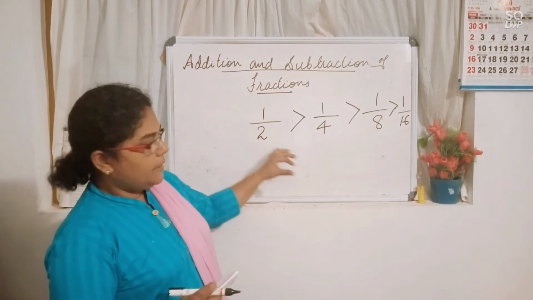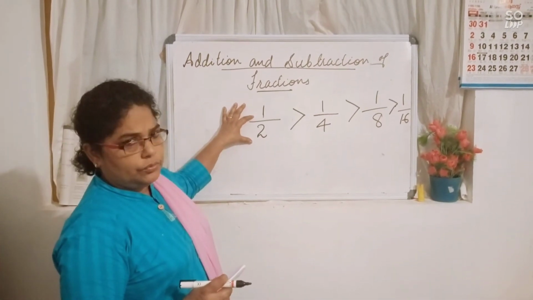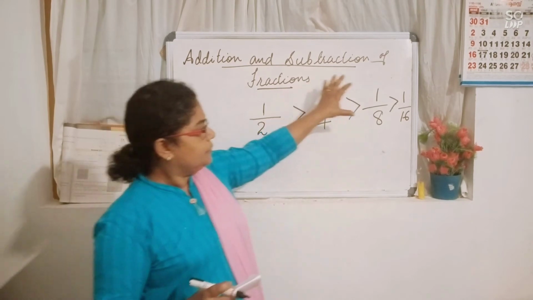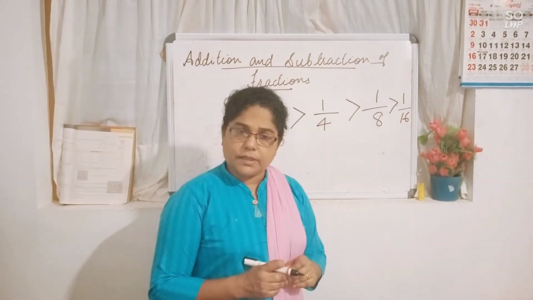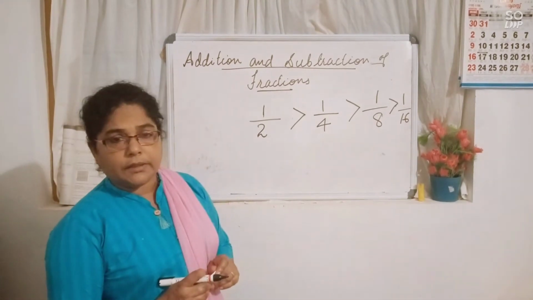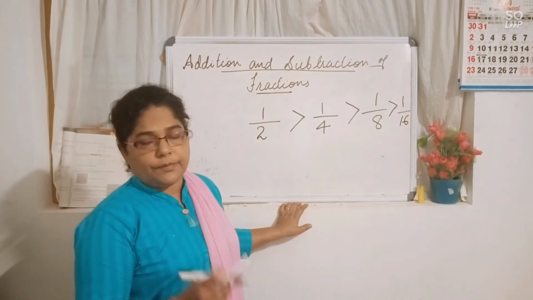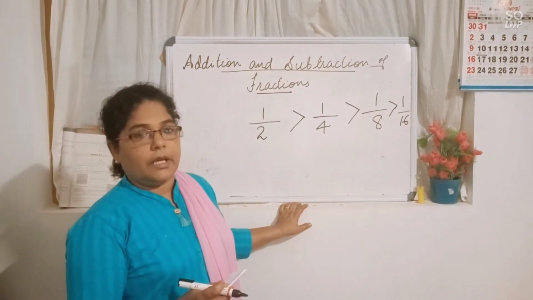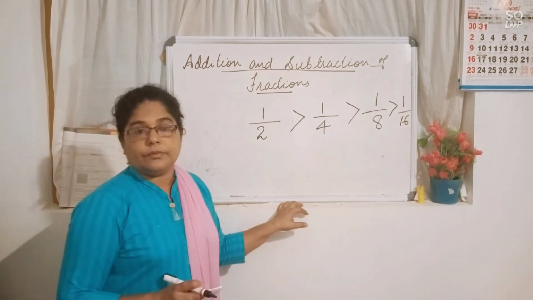Okay, actually 1 by 2, 1 by 4, 1 by 8 and 1 by 16. Here we are going to discuss the addition and subtraction of these fractions, which fraction is greater, the comparison of fractions, etc. in this chapter.